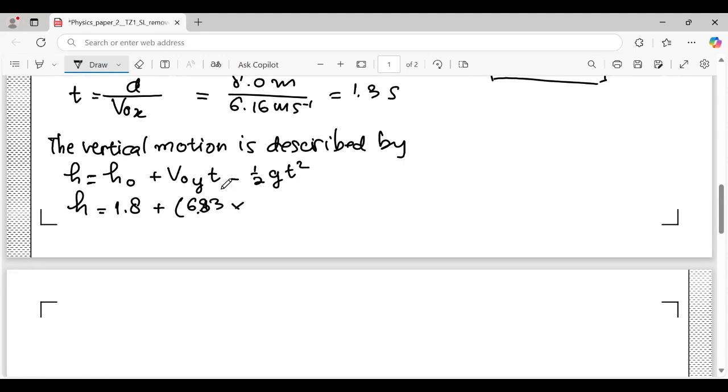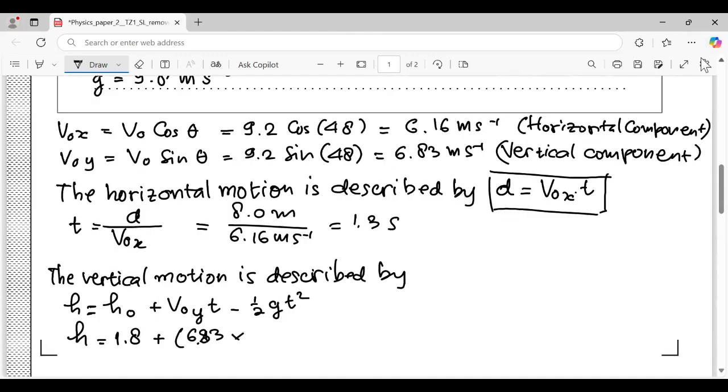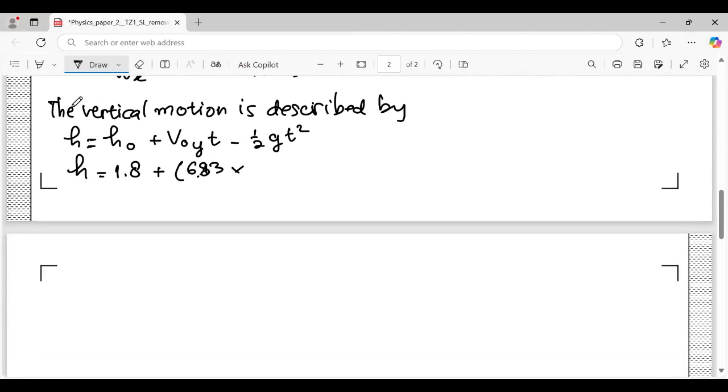6.83 if not mistaken. Let me check this one. Okay, 6.83. Yeah, I think that is clear. 6.83 times t, t is 1.3, minus half times 9.8 times 1.3 squared.